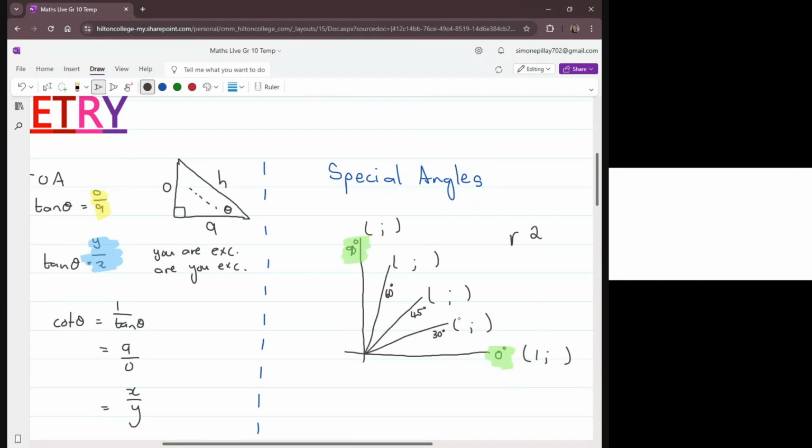No, I'm lying. We go 0, we go 1, we go 2, we go 3, and we go 4. But we don't just leave it at that. We now square root every single one. So square root of 4 is 2. Square root of 3 is root 3.